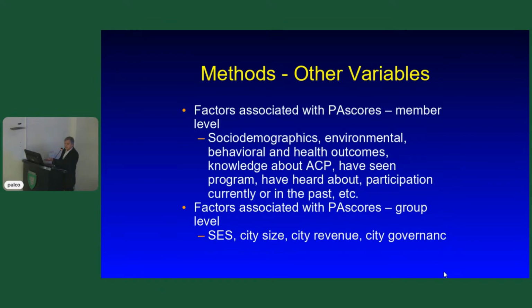Including SES, city size, city revenue, how much money they generate in the city government, because those things are associated with structuring and organization of a municipality and the ability to deliver a new intervention. If it's a very poor city, let's say Igarassu, in the north of Recife, a small little city that's very poor and doesn't have enough money, I bet their intervention is going to be very poor too.